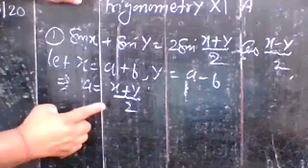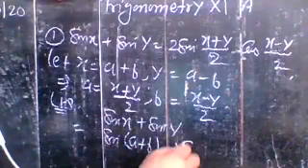Now putting the values of x and y here, in place of x you write a plus b, and plus sine of a minus b. Now, if you use the identity which you studied yesterday, what is the formula for that? You know the formula for 2 sine x cos y.